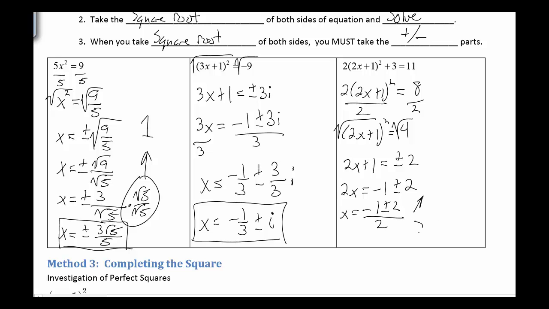Now I can actually split that up and get actual answers, since the -1 and the 2 do combine. So that's 1/2 and -3/2 are our final answers. I'm sorry, positive 1/2. And those are perfectly good answers.